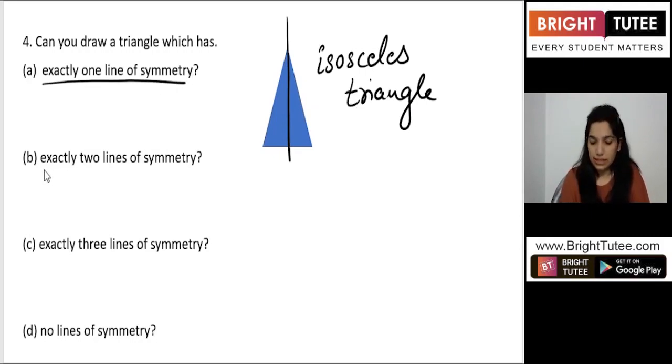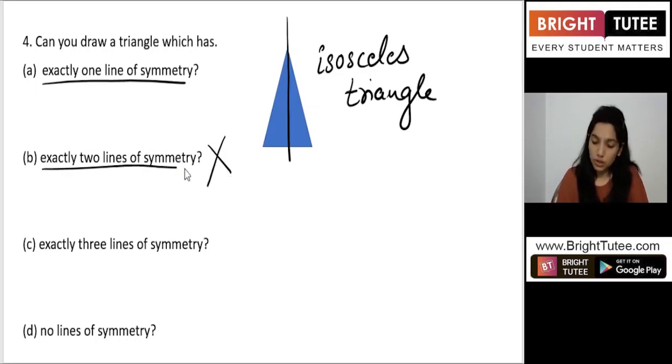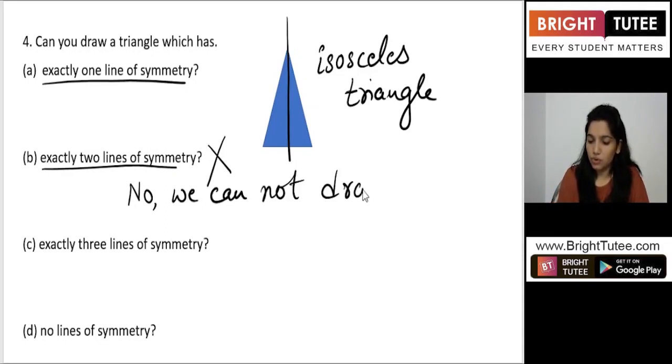Then it says exactly two lines of symmetry. Do you think it is possible to draw a triangle with exactly two lines of symmetry? It is not possible. So, no, we cannot draw a triangle with exactly two lines of symmetry, right?